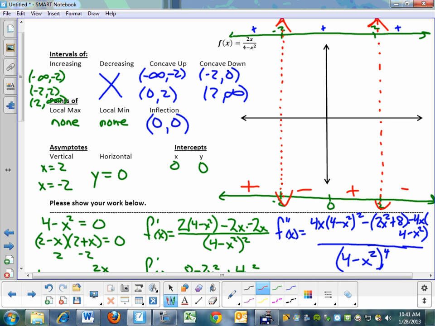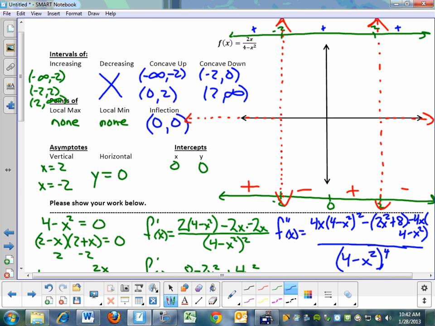I have vertical asymptotes. Now I have a horizontal asymptote of 0. I don't have to draw the horizontal asymptote in between because the horizontal asymptote represents the end behavior. This is the middle behavior. It can cross the x-axis in the middle, but it can't cross it at the end.